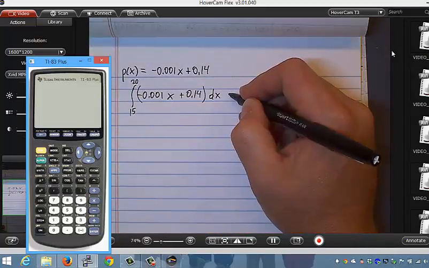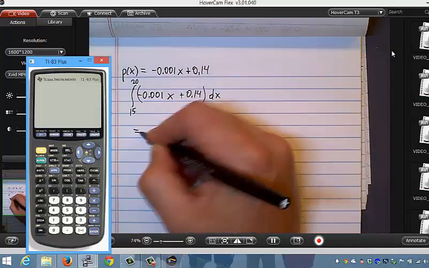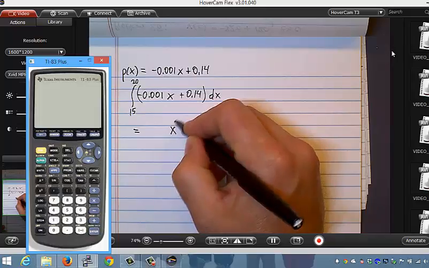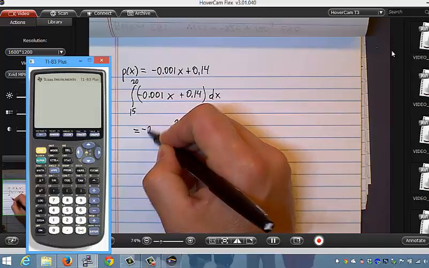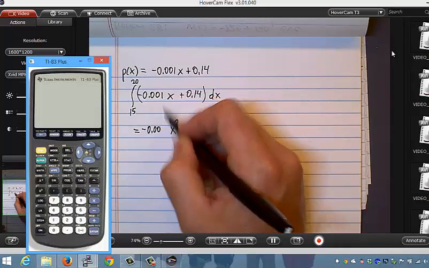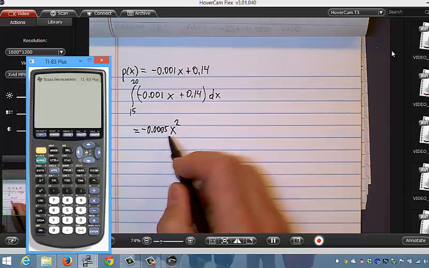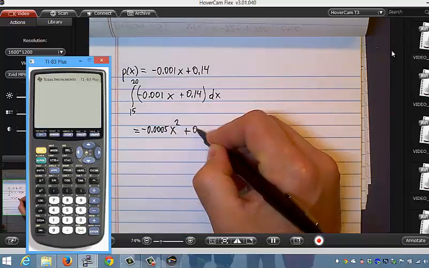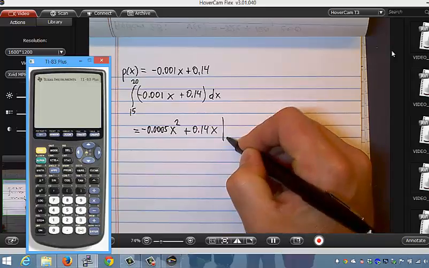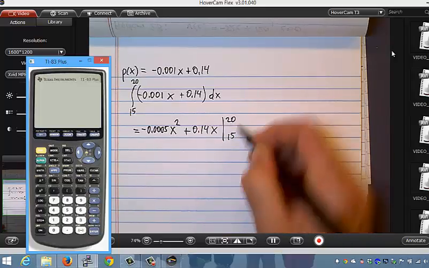Okay, I get, well, this becomes an x squared, and this becomes negative 0.00. Instead of 1, I'll put 0.5, plus 0.14x, and that's from 15 to 20.